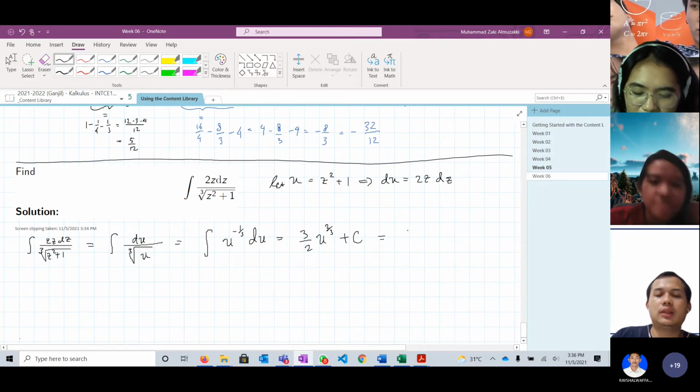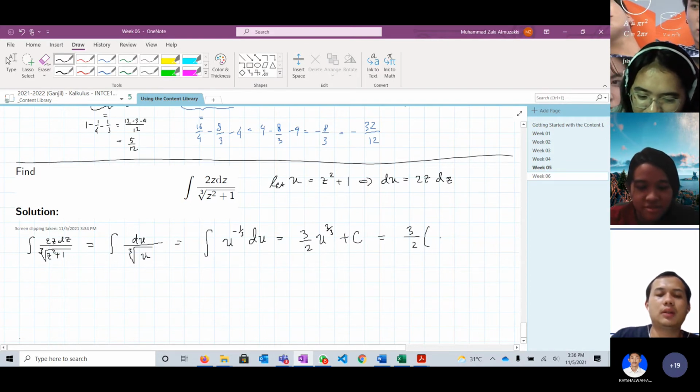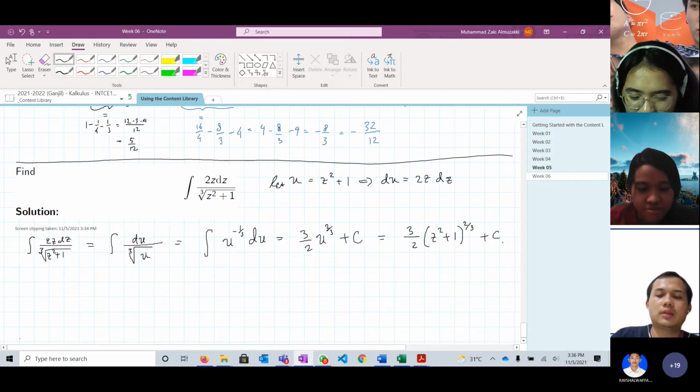Then we substitute back. We have 3 over 2 times z squared plus 1 to the power 2 over 3, plus c. Is it clear?